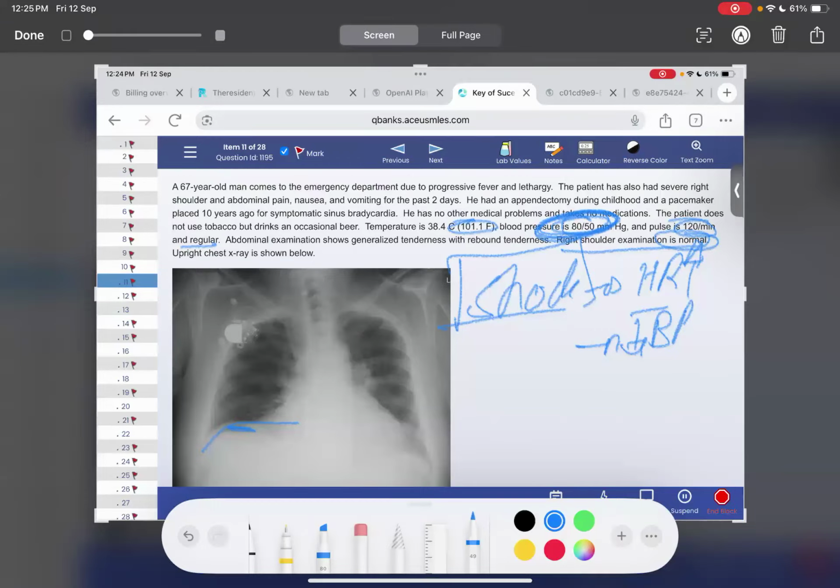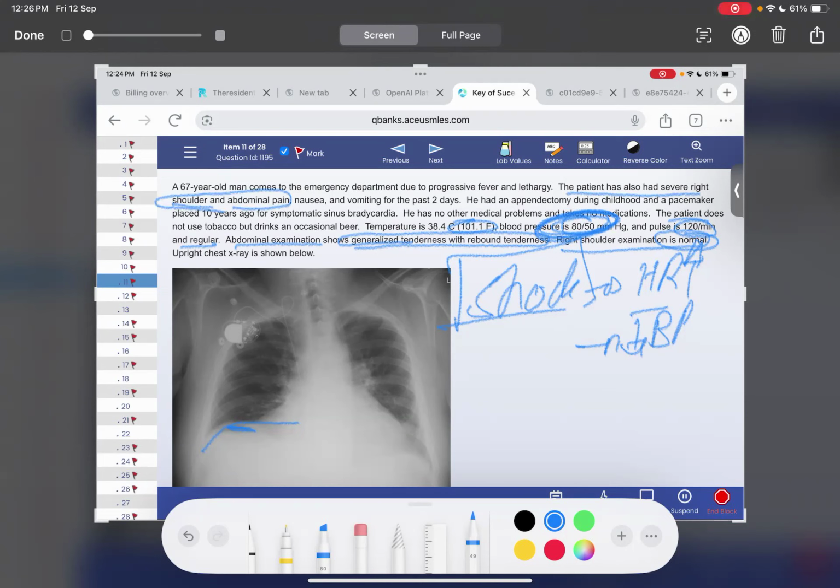Abdominal examination showed generalized tenderness with rebound tenderness. Many students will go directly to appendicitis or some inflammation. The patient has severe right shoulder and abdominal pain. That's referred pain.